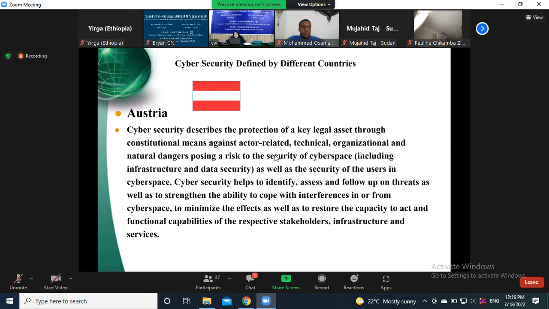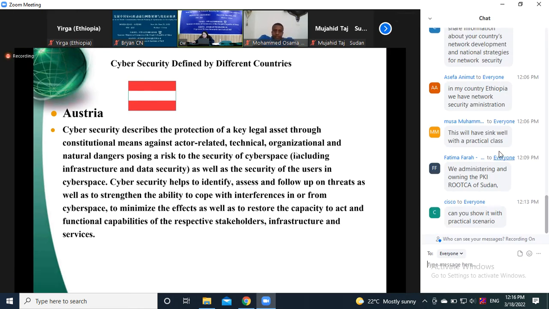different countries also have different network development and network security.